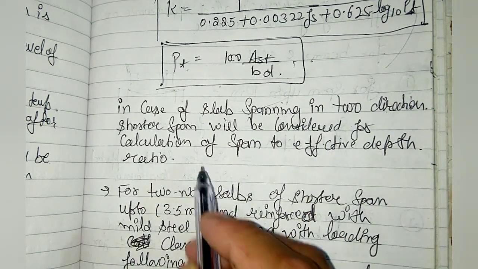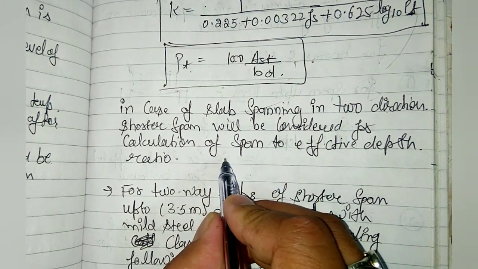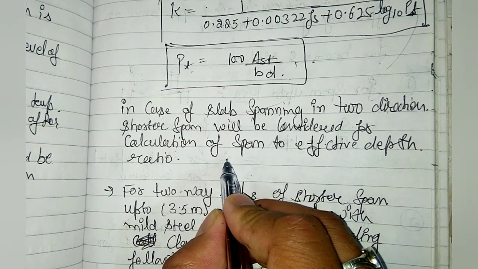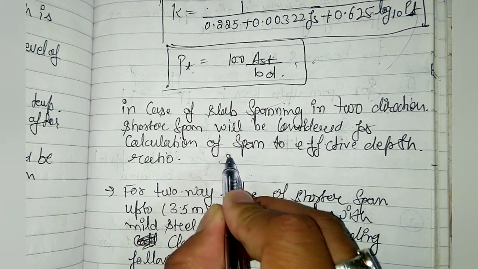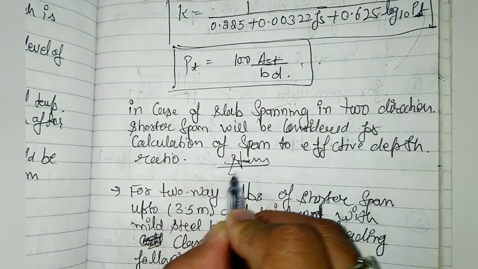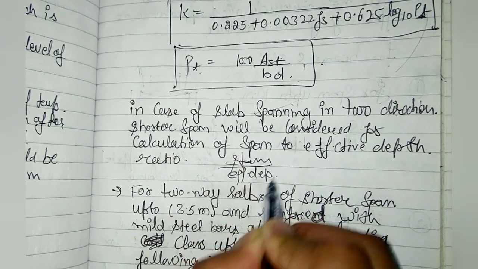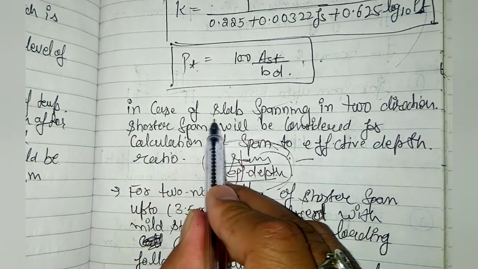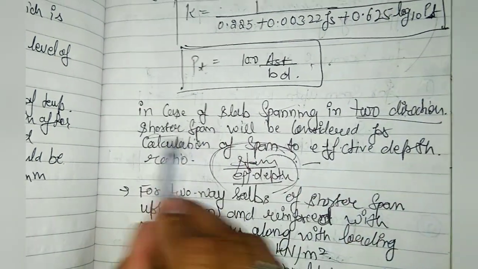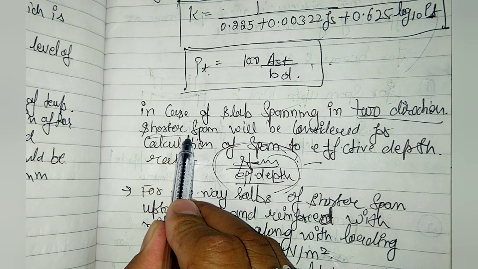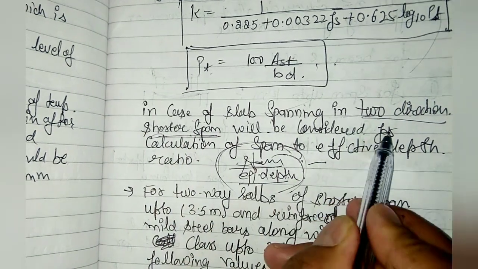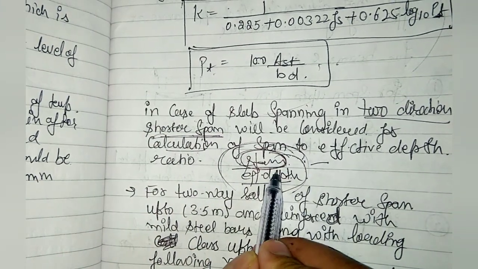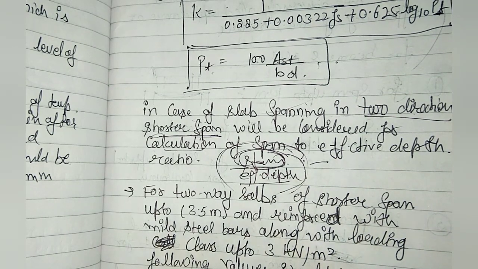As we know, for deflection control we need to check first of all the value of the span to effective depth ratio. In case of a two-way slab, the span you are going to use is the short span. Then you are going to check the values.